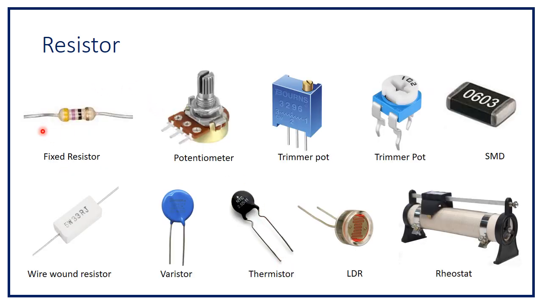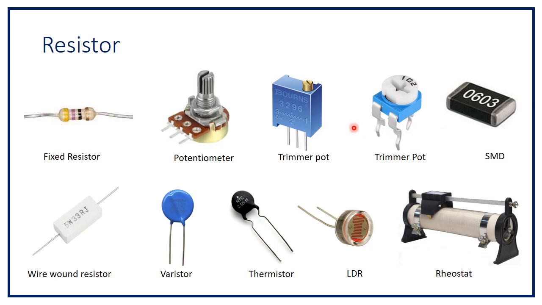Resistor. This is a fixed value resistor. Its value can be estimated with the help of these color codes printed on the resistor. This is a potentiometer, or variable resistor, and we can change the value of resistance by using this knob. This is also another variable resistor, trimmer pot. This is also a trimmer pot.